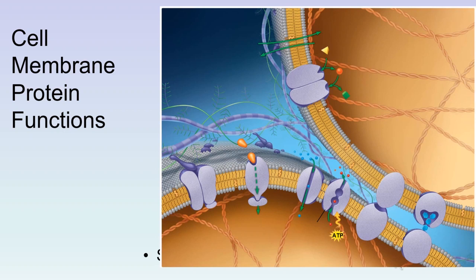Cell membrane proteins have various functions. Proteins embedded in a cell membrane can function as enzymes, catalyzing reactions. Attachment proteins can secure the cell to the extracellular matrix, basically just a scaffolding of proteins.